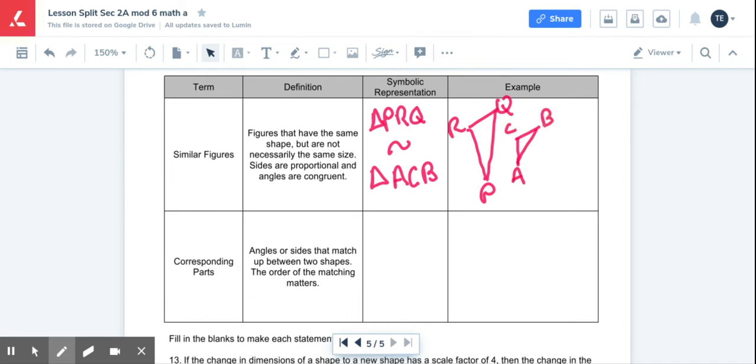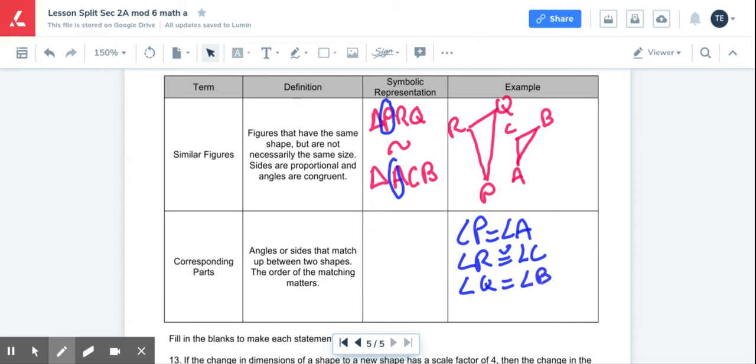Okay, and then we had our corresponding parts, the ones that line up. We can tell from our statement what is lining up, and that's why it's important that you are writing it correctly. So angle P has to be congruent to angle A, and angle R has to be congruent to angle C, and angle Q has to be congruent to angle B. Again, I can also tell from the similarity statement the sides.